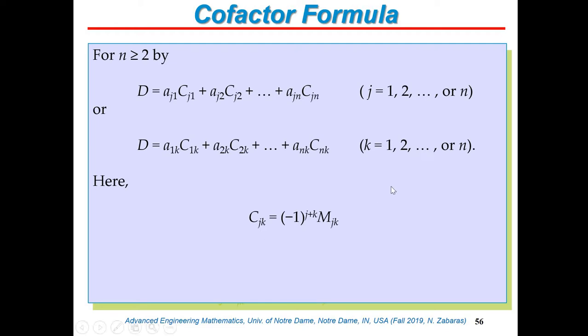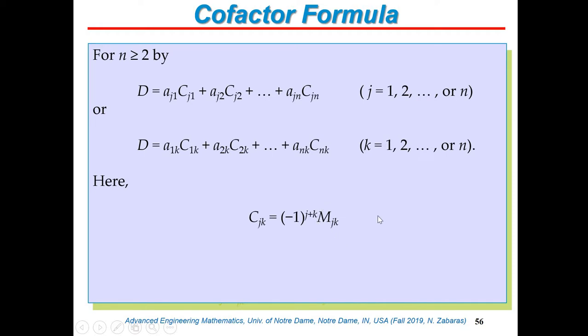So two things to remember, right? The cofactor, you compute it as the determinant of the matrix that you produce from A by eliminating row j and column k, times a sign that is really (-1)^(j+k). This determinant, in linear algebra, people call the minor, right?